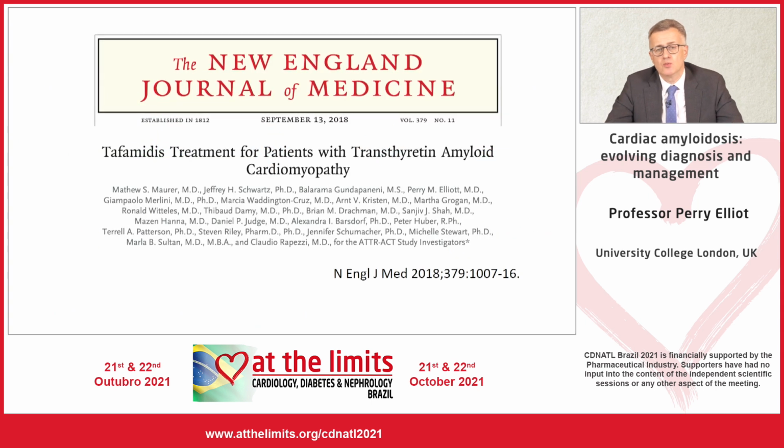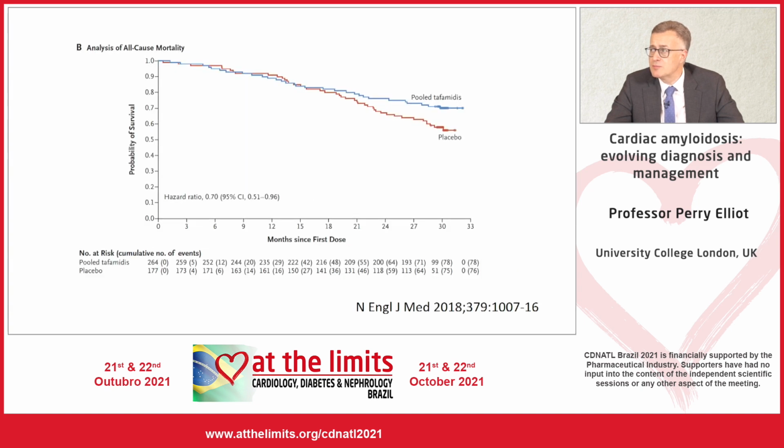Of these approaches, one has been subjected to a randomized controlled clinical trial, and this is a drug called tafamidis, which is a TTR stabilizer. And in this population of patients with TTR amyloid, there was a 30% reduction in mortality, which to my mind remains pretty amazing when you consider that the median age of this population was 75.